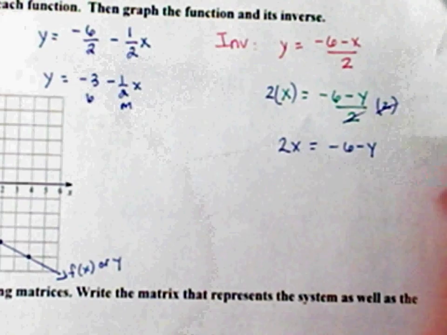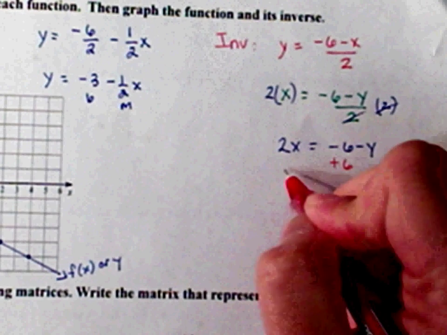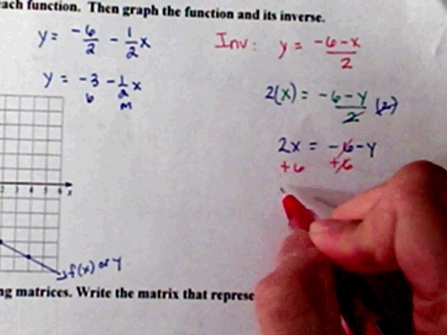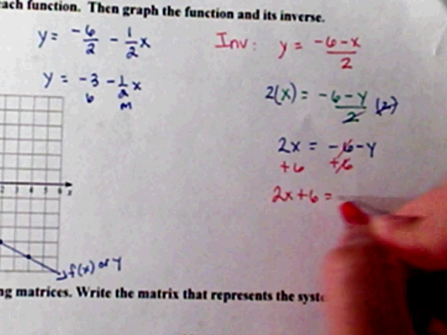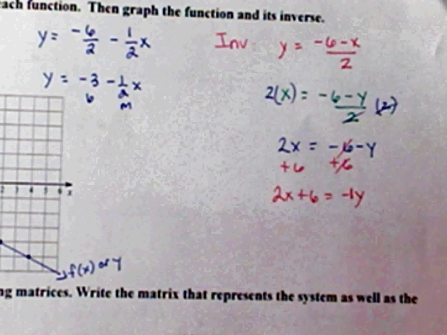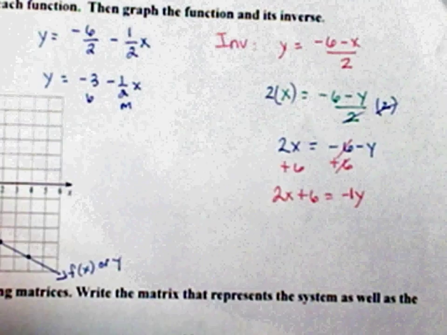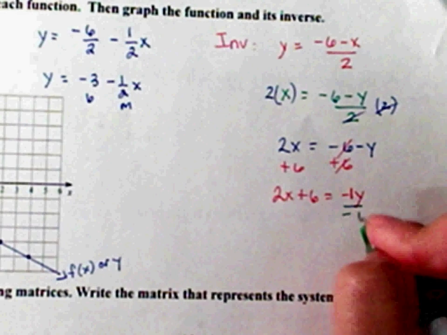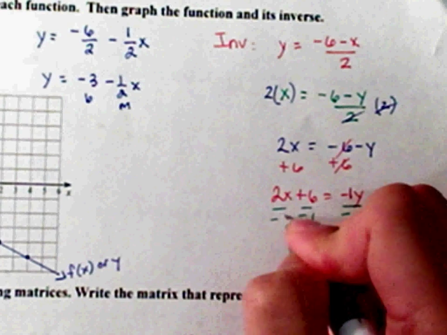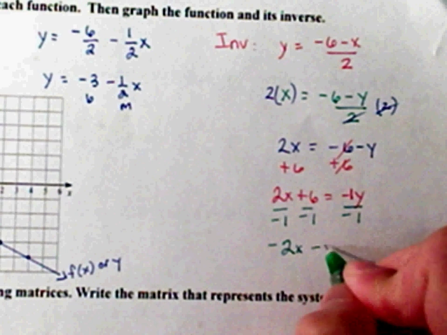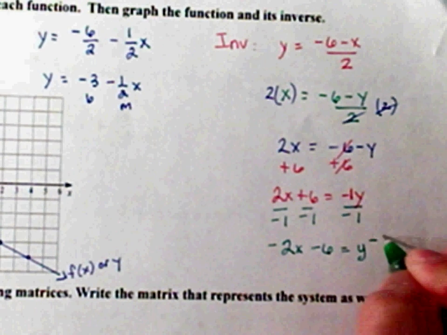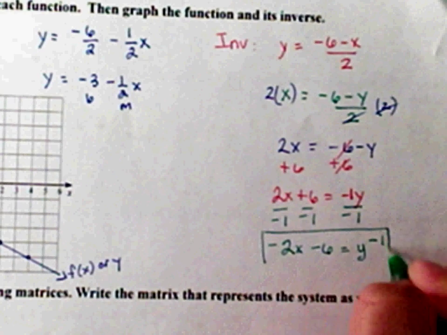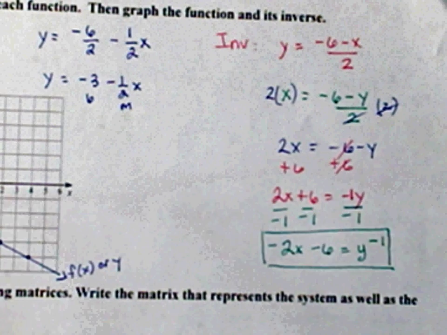Okay? Add 6 to both sides. So now you have 2x plus 6 equals negative y. Remember there's a 1 there. Divide all of them by a negative 1. So now you have negative 2x minus 6 equals y.